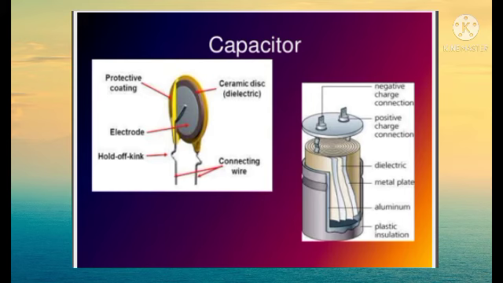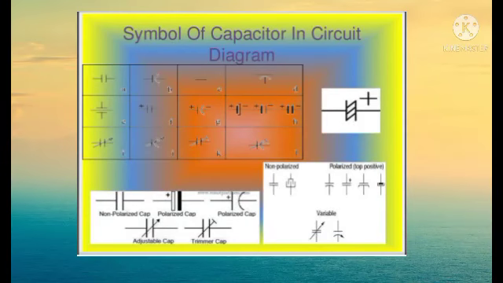The other figure shows the internal structure of a capacitor. It consists of a negative charge connection, positive charge connection, dielectric, metal plate, aluminium, and plastic insulation. Let's see the different symbols of capacitors.